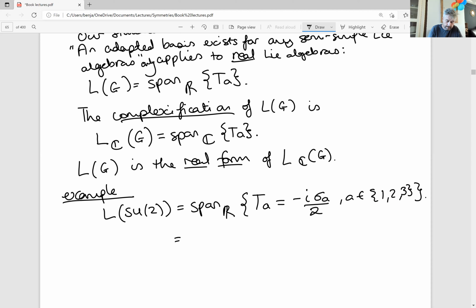And these give you all 2 by 2 traceless anti-Hermitian matrices.